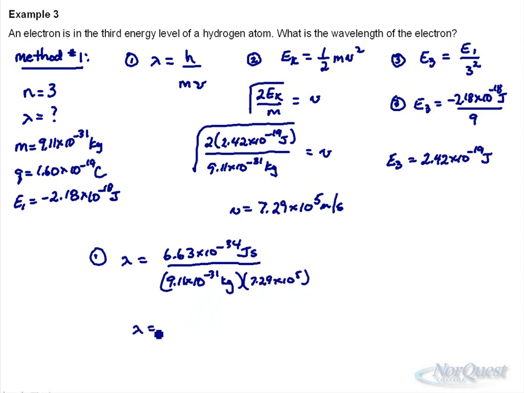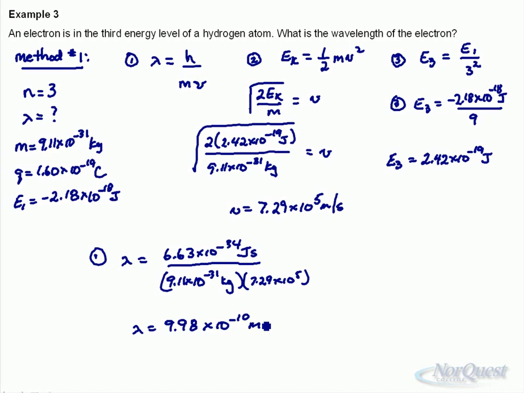You should be able to work this wavelength out to be 9.98 times 10 to the negative 10 meters.